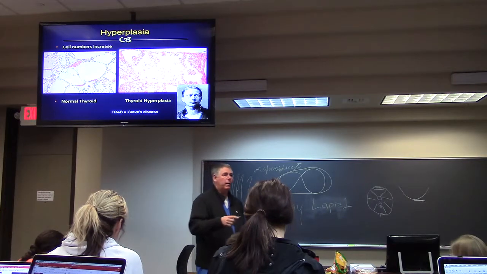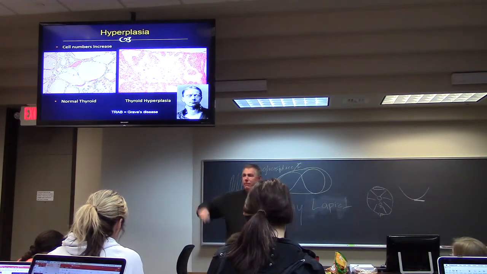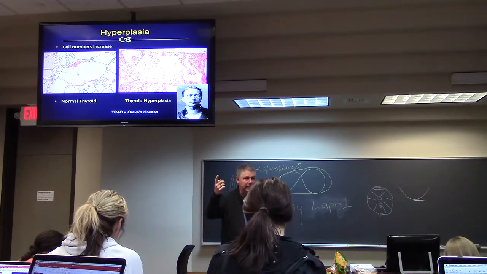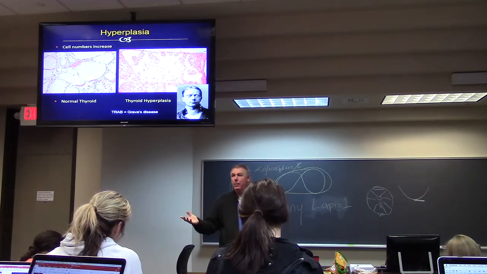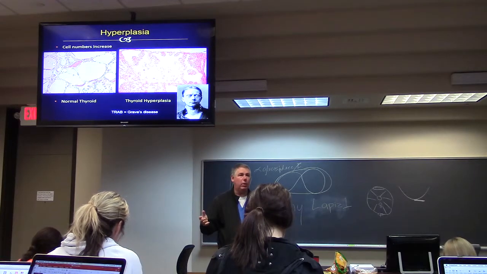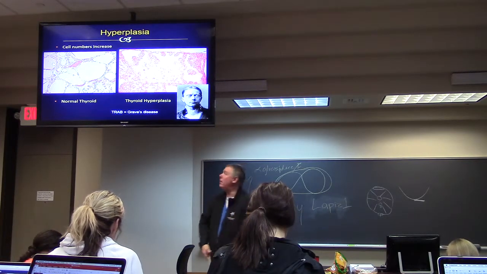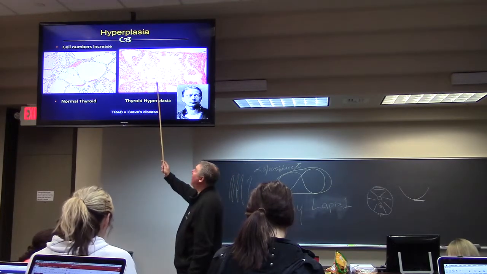Now ordinarily, this is a negative feedback loop. The more thyroid hormone you have, the more you turn off TSH. But that doesn't happen in Graves' disease. You've got these autoantibodies that are constantly stimulating the thyroid. It becomes hyperplastic.